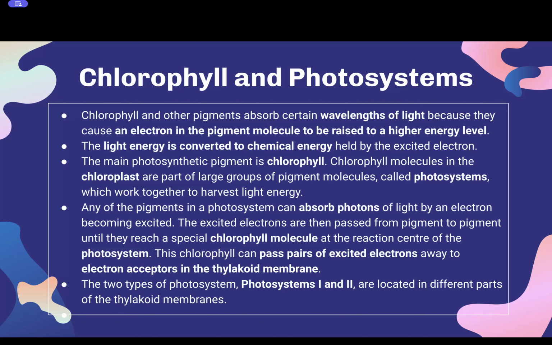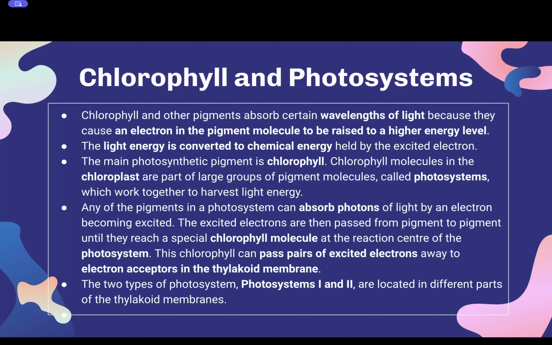All of the pigments combined, the photosystem in general, is what will absorb the photon, sorry, the energy. But then what makes them able to travel is chlorophyll. There are two types of photosystems, photosystem 1 and photosystem 2, which, by the way, is reversed because photosystem 2 comes before photosystem 1, which makes no sense, but we're here.